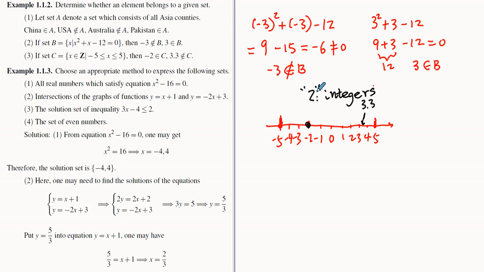So in this case, 3.3 is a decimal number, which does not belong to the integers. Even though it is greater than negative 5 and less than 5, 3.3 again is not an integer, because Z stands for integer.